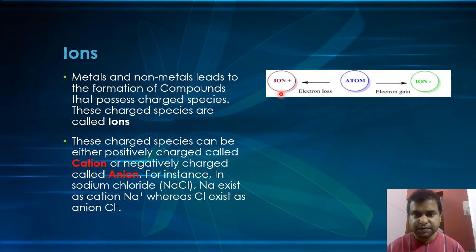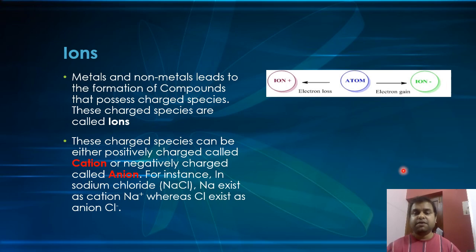You see this figure. This is an atom, and if an atom gives out electrons, then the loss of electrons is considered positive because an electron has a negative charge. If it gains an electron, as shown here, the arrow should actually be in reverse fashion, but it's trying to show you that when an electron is gained, the ion has a negative charge.